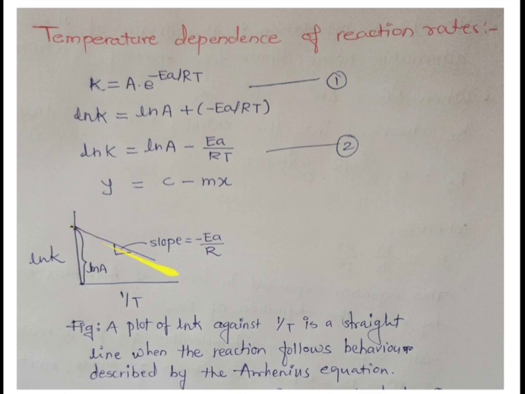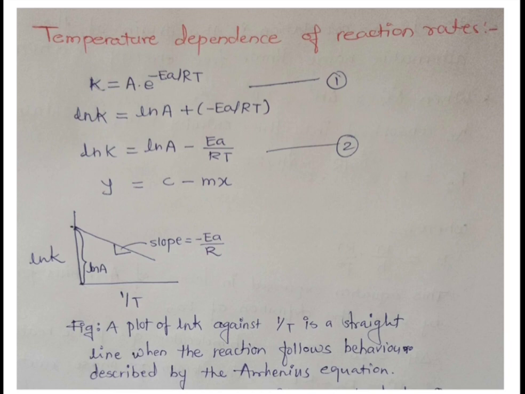That's why the slope is negative and equal to -Ea/R. The remaining term, ln A, is the intercept. This figure is a plot of ln k against 1/T, and it is a straight line when the reaction follows the behavior described by the Arrhenius equation.